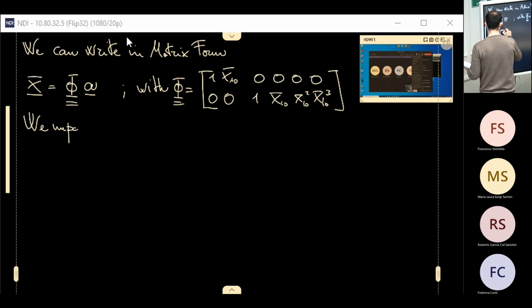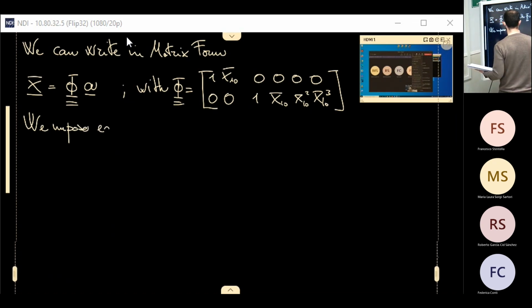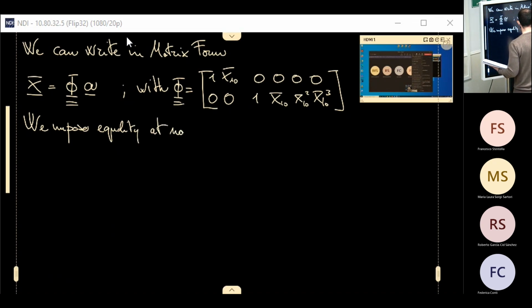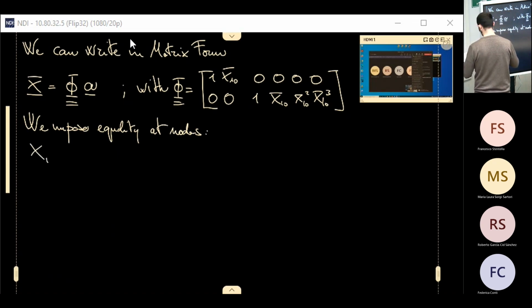Now, we impose equality at nodes, meaning that we have that x1 over bar at 0 must be exactly E1 over bar. Okay.